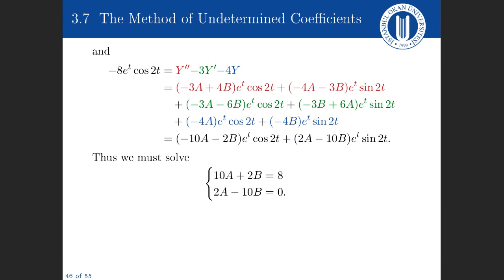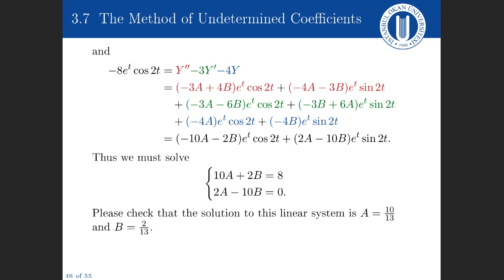So we need a and b to satisfy this linear system. You know how to solve linear systems like this from linear algebra, so I'll just tell you the solution. The solution is a is 10 over 13 and b is 2 over 13.